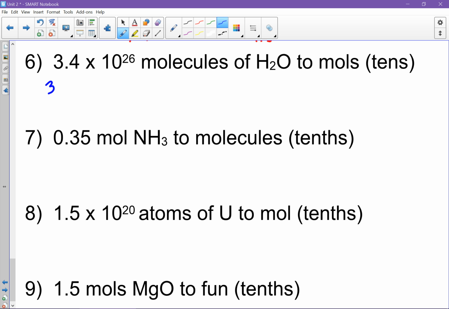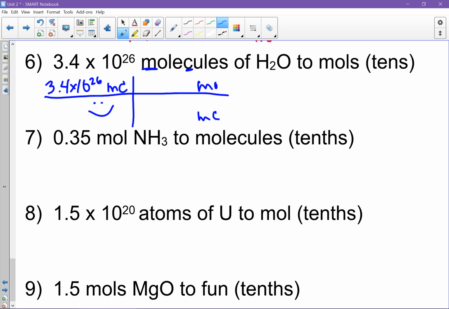Alright, I'm going to take the number out of the question. Molecules, do not write mole. Make sure you abbreviate molecules with MC. Nothing down here. Molecules up, molecules down. I want moles. 1 on top. Molecules gets Avogadro's number.